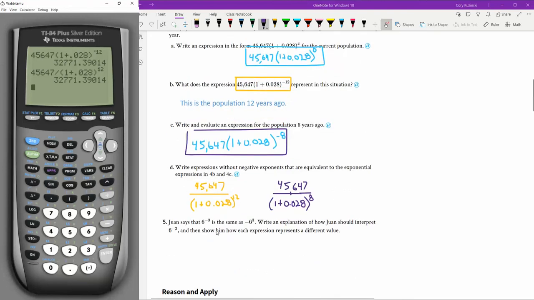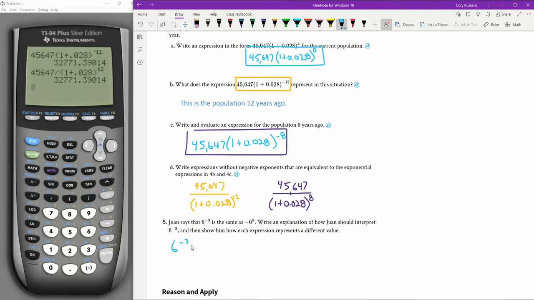Juan says that 6 to the negative 3 is the same as negative 6 to the positive 3. Write an explanation of how Juan could interpret 6 to the negative 3, and then show him how each expression represents a different value. Okay, well, let's do this, Juan. 6 to the negative third is actually 1 over 6 to the positive third.